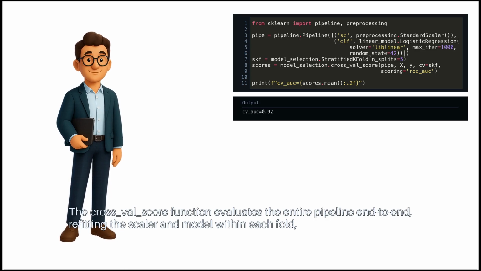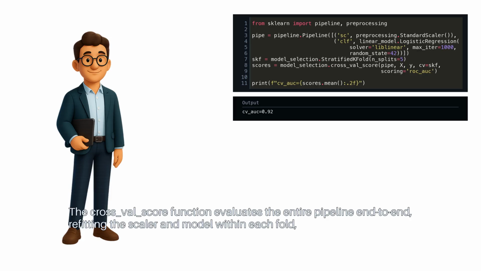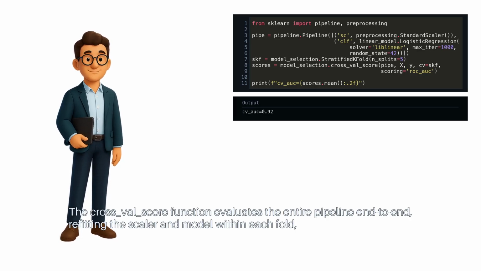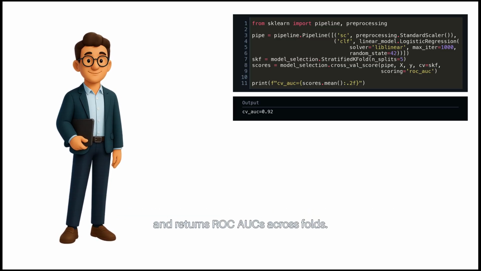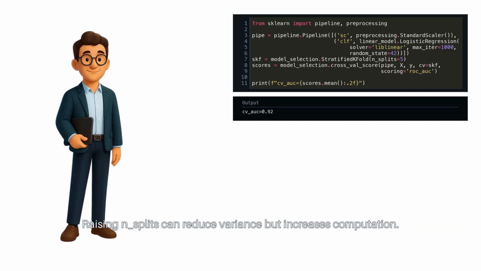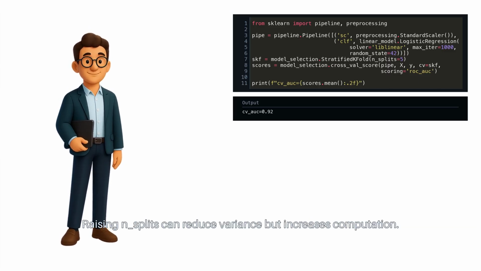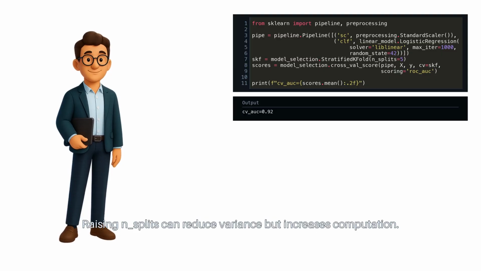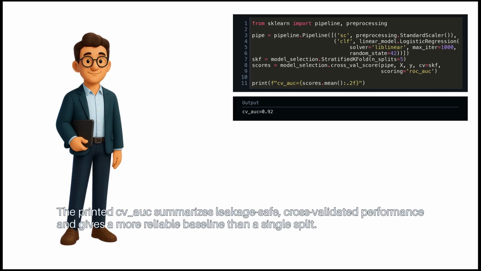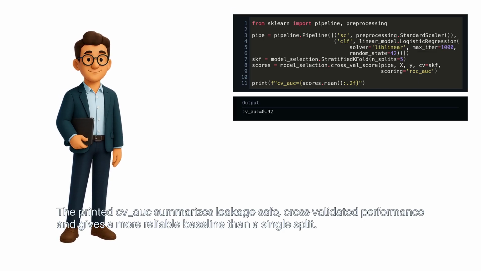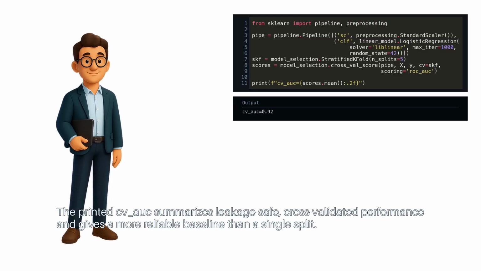The cross_val_score function evaluates the entire pipeline end-to-end, refitting the scaler and model within each fold, and returns ROC AUCs across folds. Raising n_splits can reduce variance, but increases computation. The printed CV AUC summarizes leakage-safe, cross-validated performance and gives a more reliable baseline than a single split.